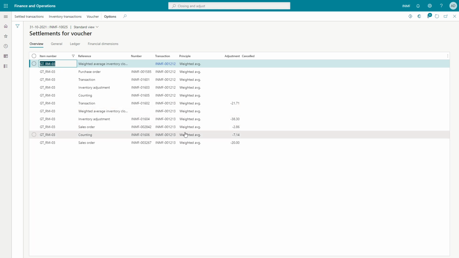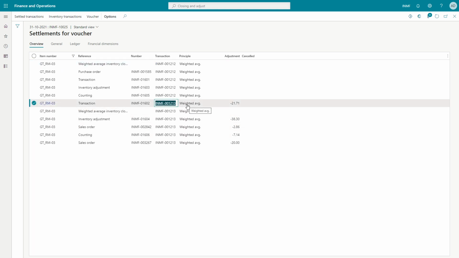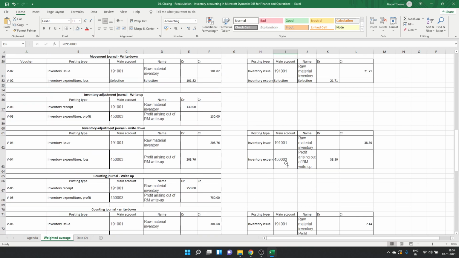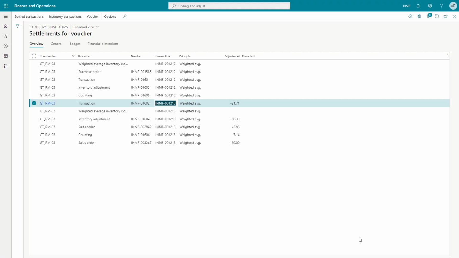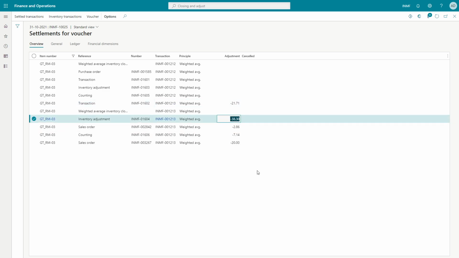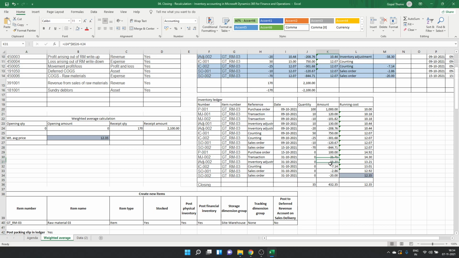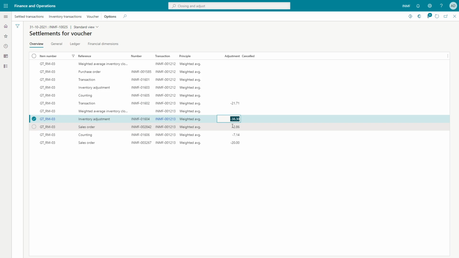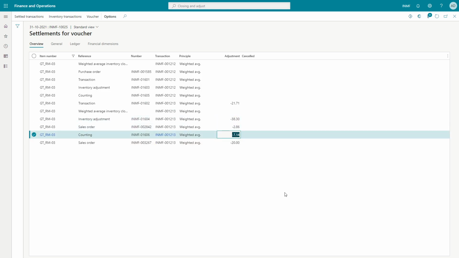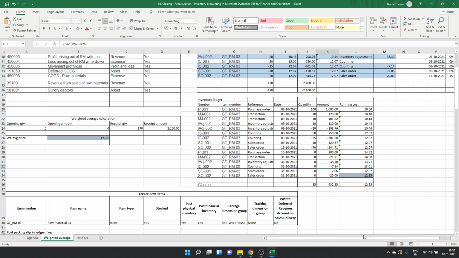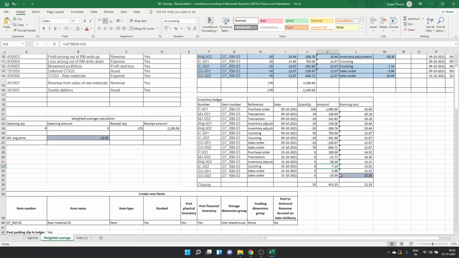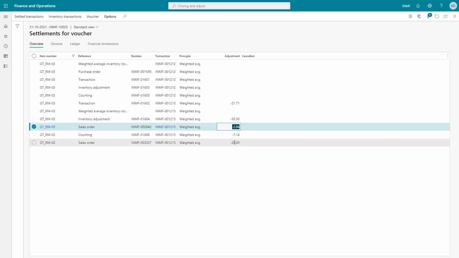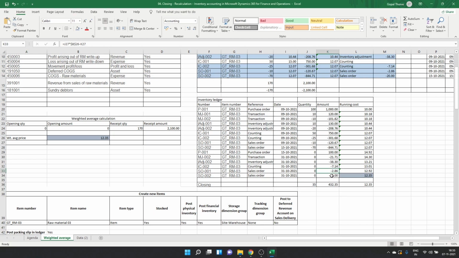If you see, this transaction, my movement general, is 21.71. Then this is my inventory adjustment, 38.30. This is my counting general, 7.14. This is my first sales transaction, 2.86, and 20 is my second sales transaction.